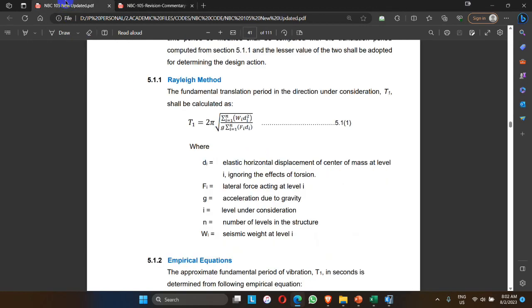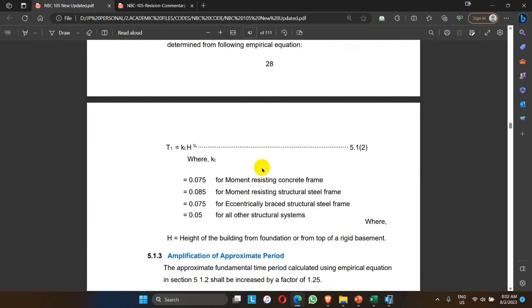If we go into the formula for the evaluation of time period by the empirical formula, then T = kt H^(3/4), where kt is a constant and its value is different for different structural systems.